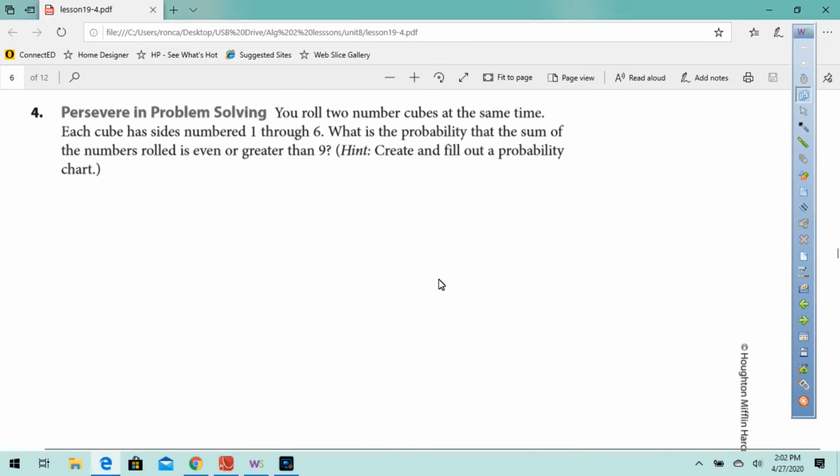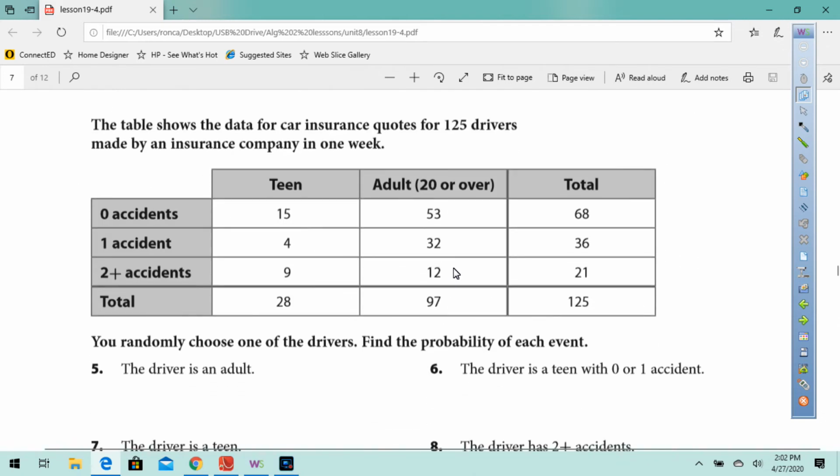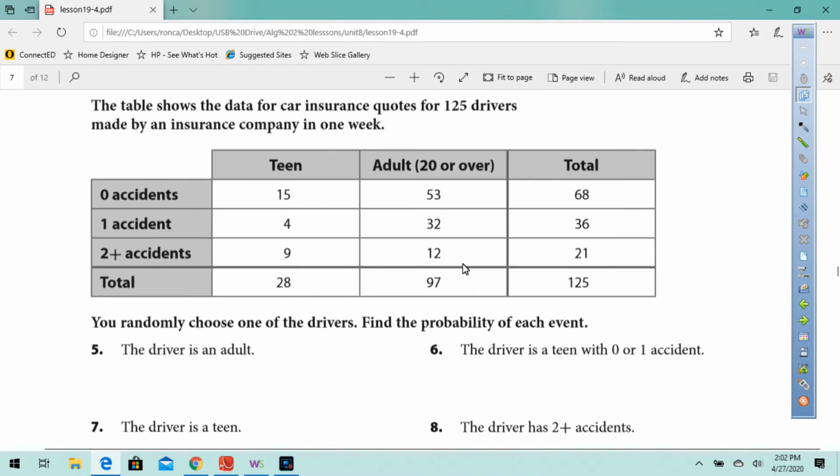All righty, let's check out number 5. The table shows the data for car insurance quotes for 125 drivers made by an insurance company in 1 week.